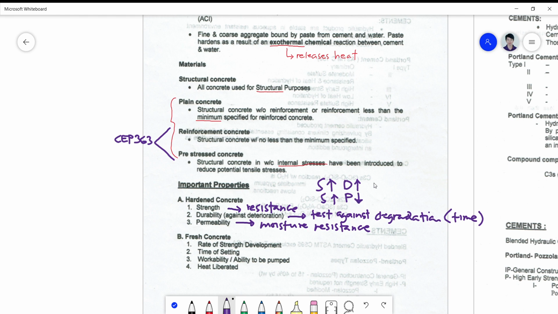So this is the relationship between strength and durability, and this is also strength and permeability.